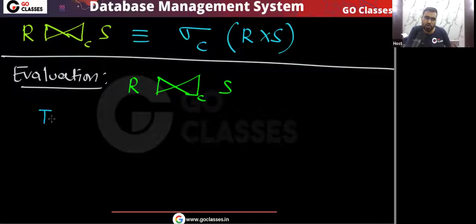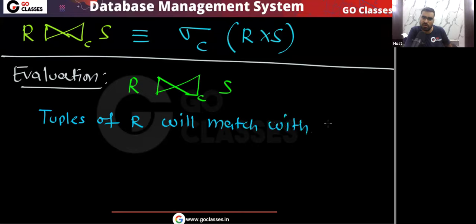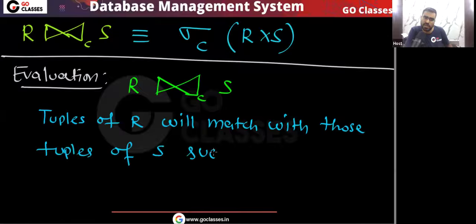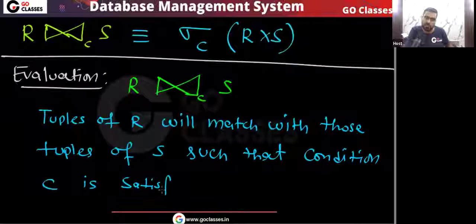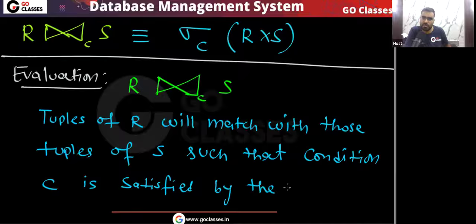Tuples of R will match with those tuples of S such that condition C is satisfied by the matching. Is this clear?